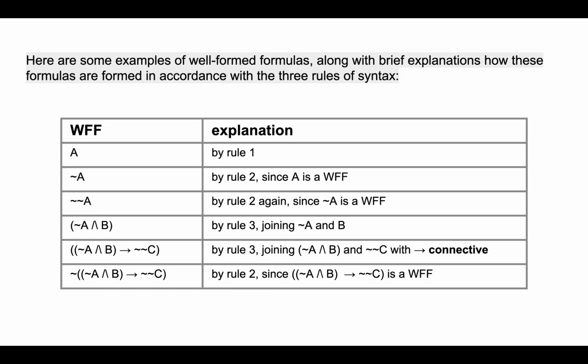Then negation of negation A. What about this negation of negation A? Yes, it is also by rule 2 again. Since negation A is a well-formed formula, taking the negation of it again, it is negation of negation A. It is also a well-formed formula.